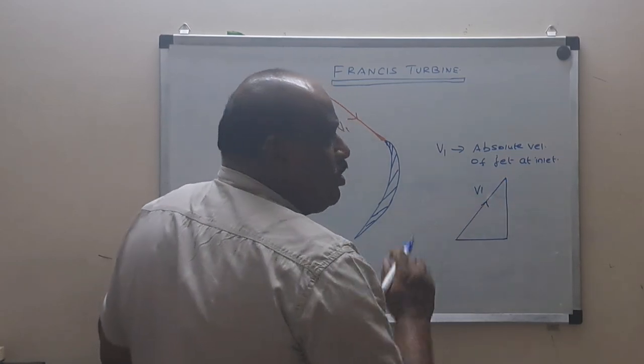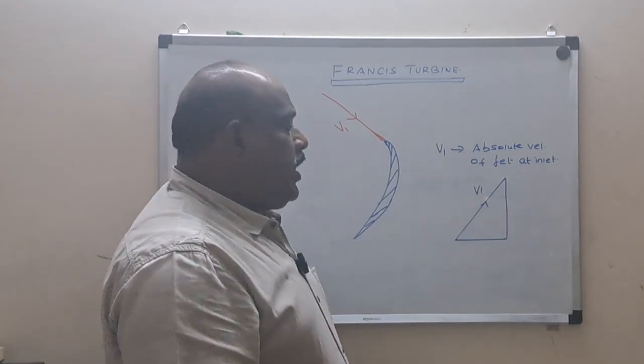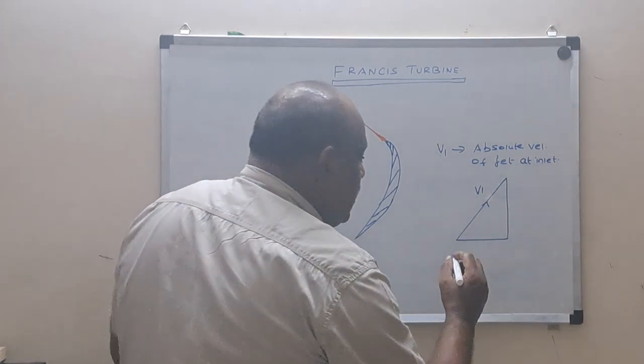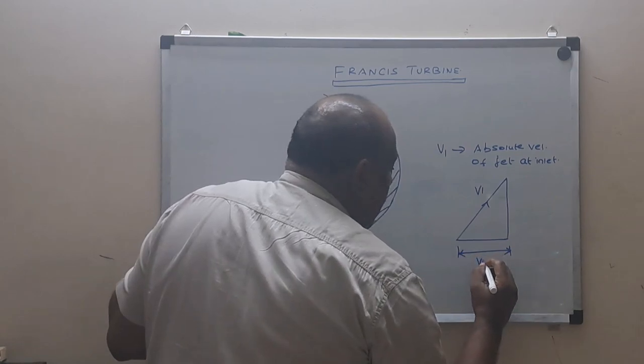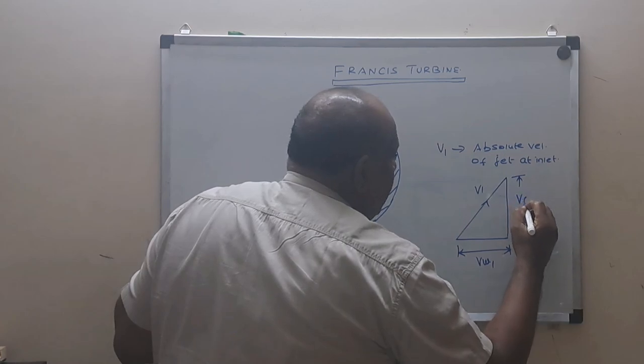So if I have V1 as the absolute velocity, then this is an inclined vector which can be resolved into a horizontal value and a vertical value. The horizontal value of this velocity V1 will be my VW1, and the vertical component of this V1 will be my VF1.